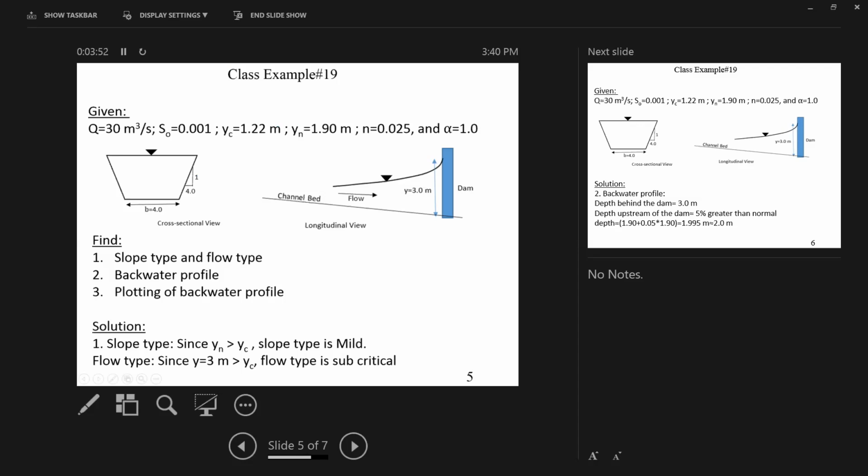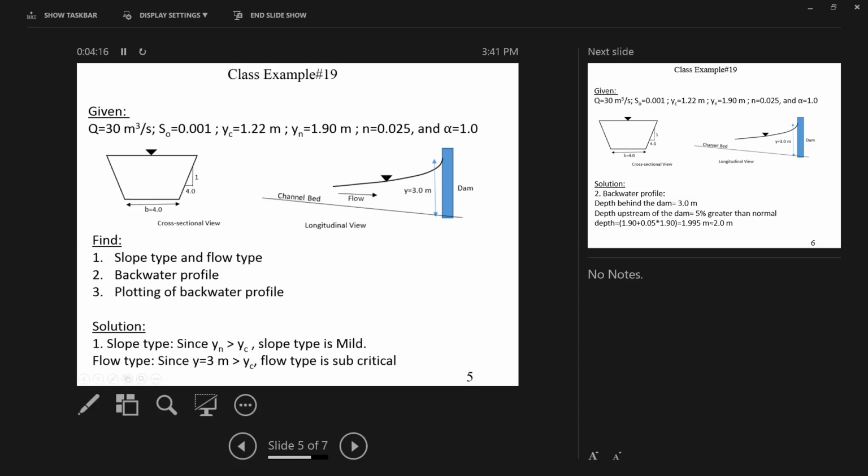And the flow type: since the depth of water behind the dam is 3 meters, which is obviously greater than yc, and we know if the depth of flow is greater than critical depth, the flow is subcritical. So that was question number 1, and we actually completed that part.